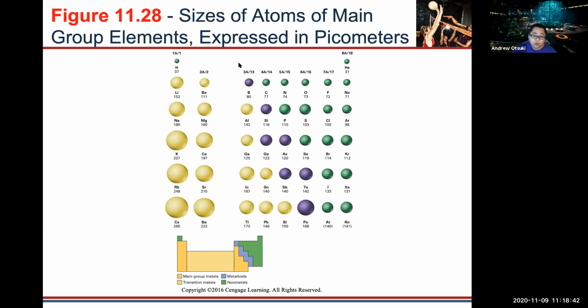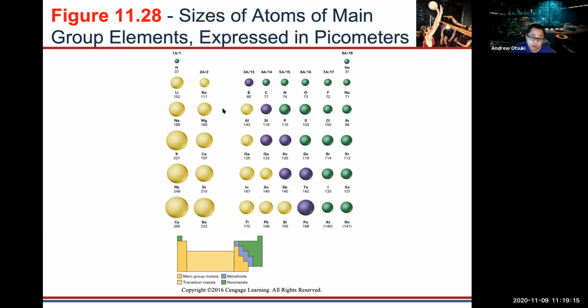And as we move across the periodic table, we see that they decrease because we're adding electrons to the same energy level. And as we move across, our atomic number increases and the positive charge in the nucleus increases, which pulls on electrons much tighter and with much more force. So it has a stronger attraction that will cause the radius or the size to decrease. They decrease ever so slightly to the right.